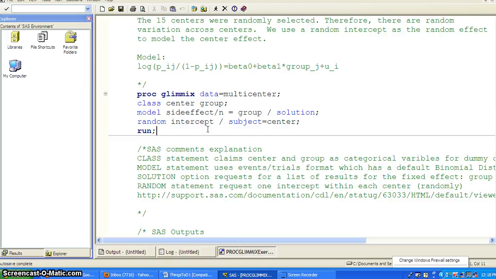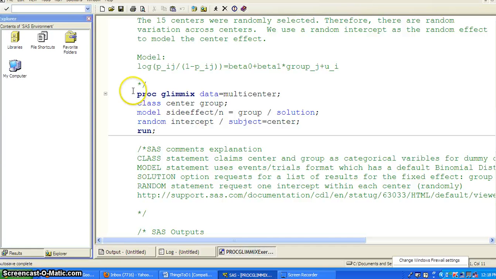After a certain time period for development, PROC GLIMMIX has become pretty easy to use. At the very beginning, PROC GLIMMIX was a SAS macro, and there were convergence problems and all kinds of issues. But now we have a tested PROC GLIMMIX here.